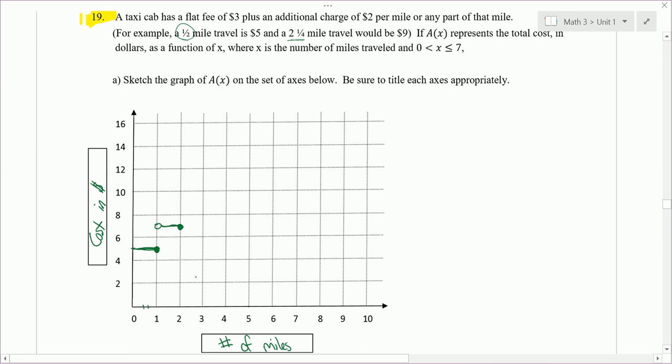And then between 2 and 3 you jump another $2, and this trend continues. And it tells us to go from 0 to 7, so we're going to stop at 7.